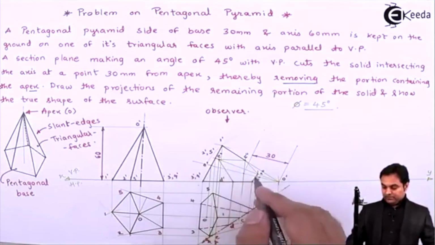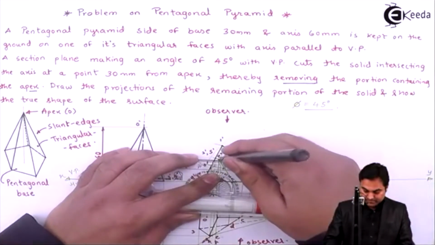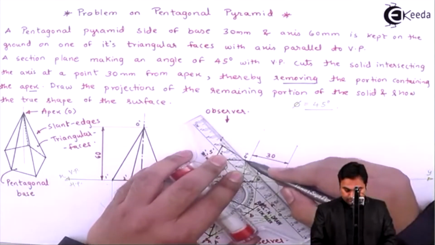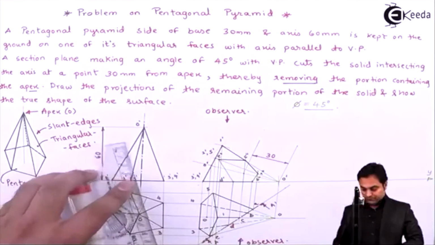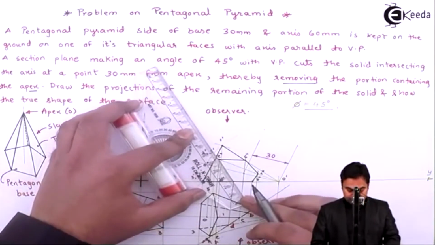Then the remaining portion I'll make it dark, E double dash to C double dash, C to A to B, and D to E.